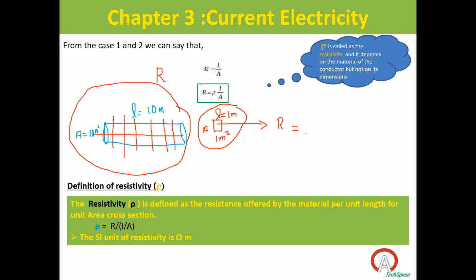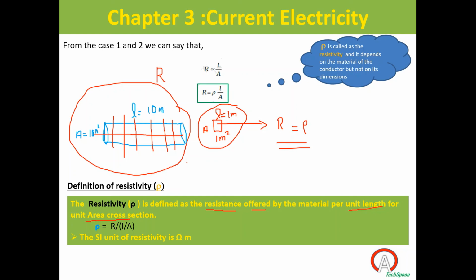That resistance is rho. Rho is nothing but the resistance itself. But what resistance? The resistance offered by unit length and unit area of cross section.